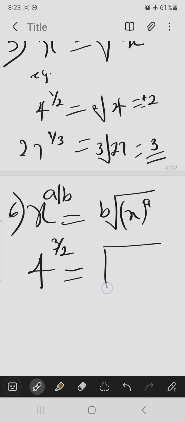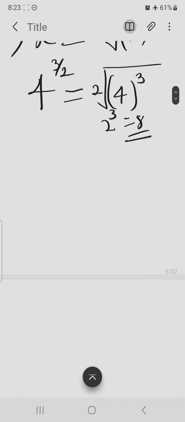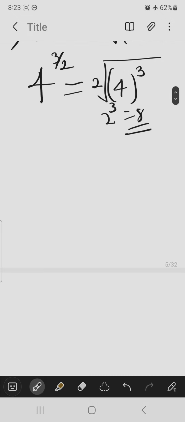This one will be the square root of 4 raised to power 3. The square root of 4 is 2, and 2 raised to power 3 will be 8. That's the answer. Put 3 there, so this one will be 2 times 2 times 2. That's what it means.